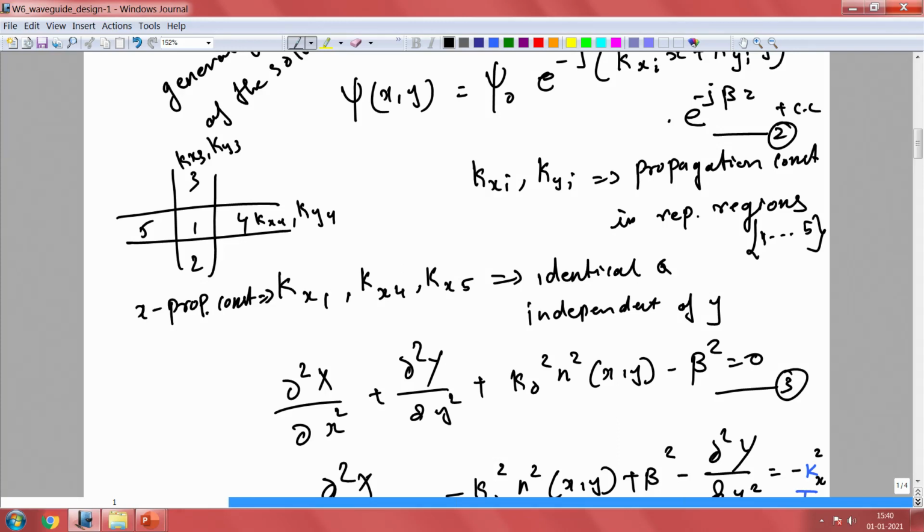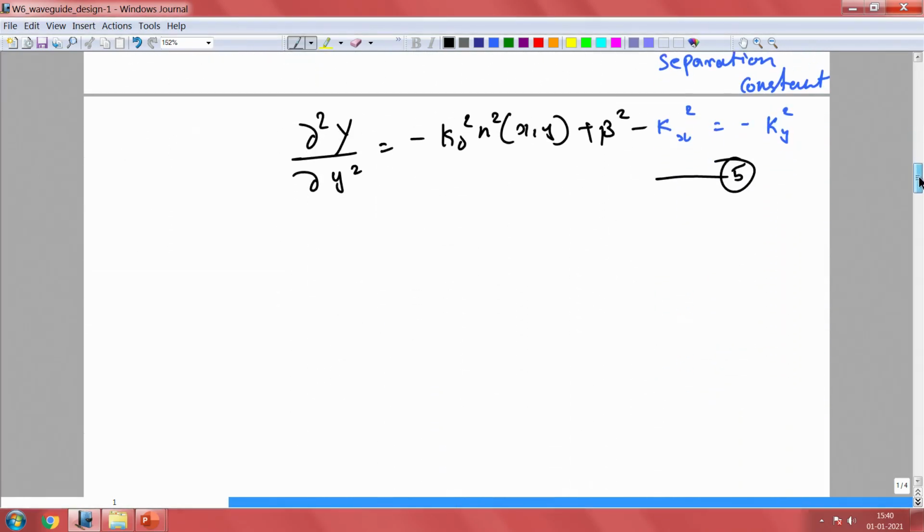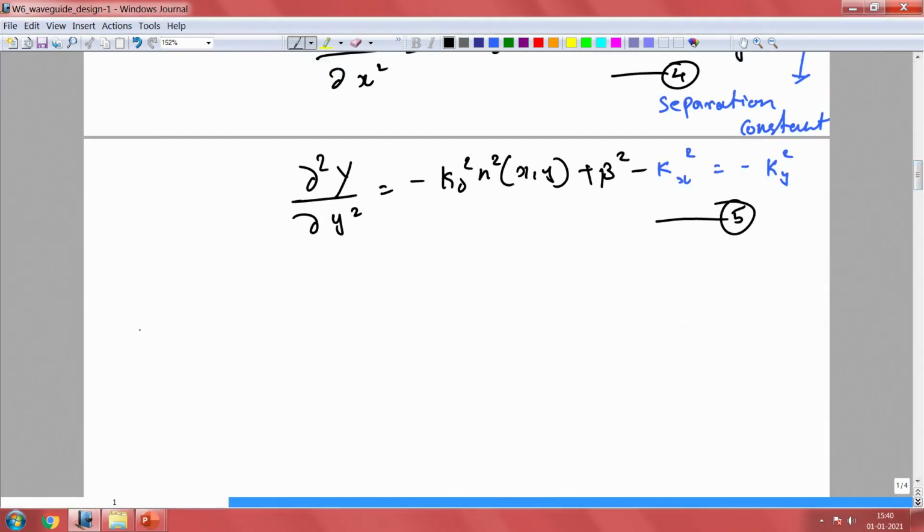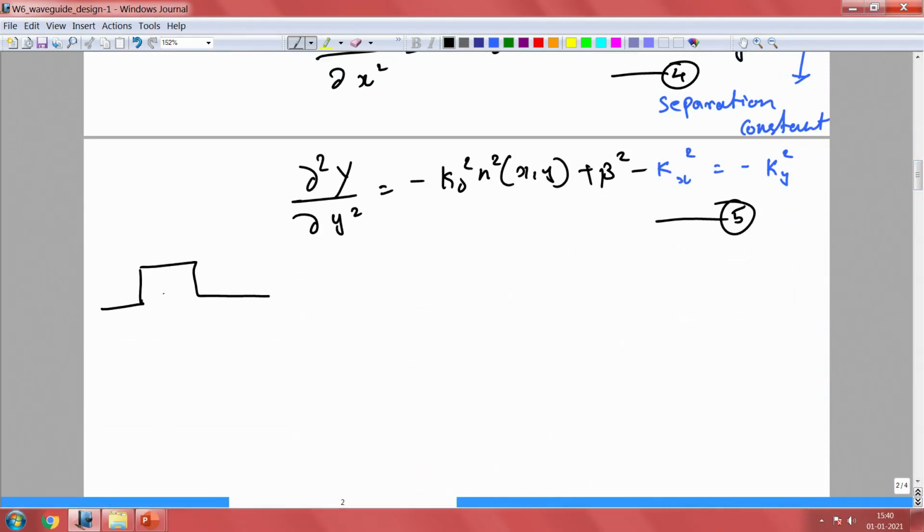This core refractive index is uniform within the region, and the rest of the region is also uniform, but less than what you have in region 1. So, we will use what we call a step index refractive index, which means you will have something like this. This is region 1, region 4 and region 5, let us say.